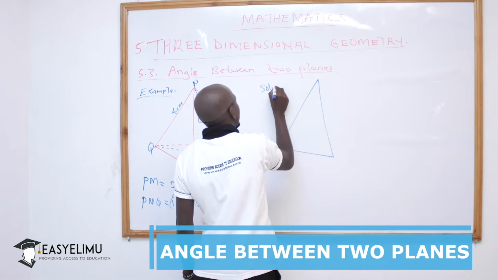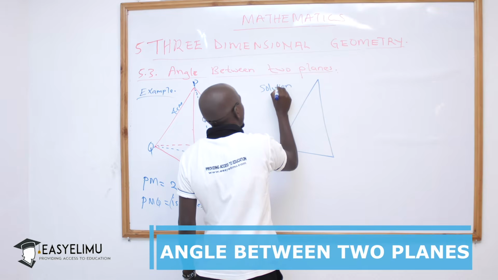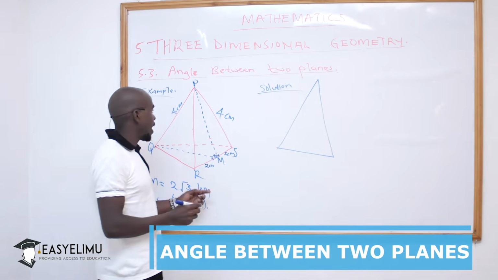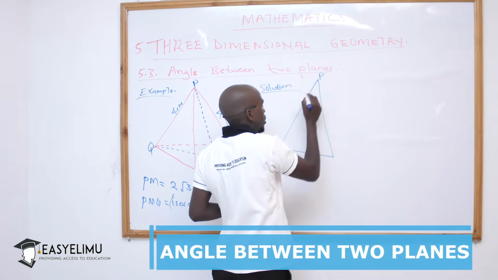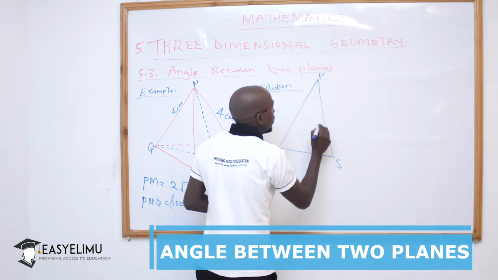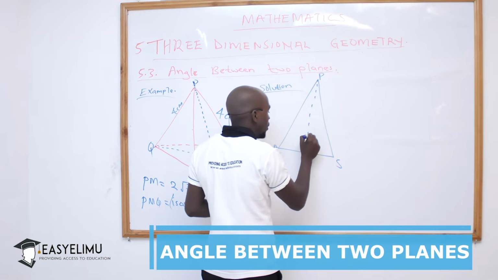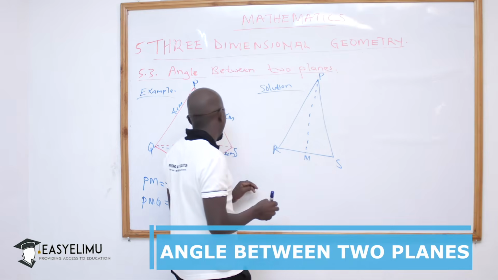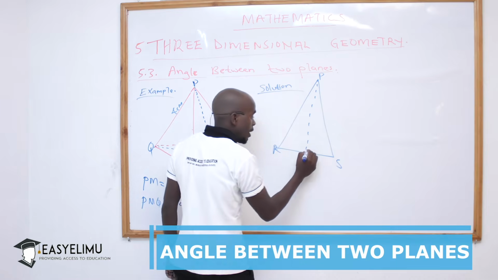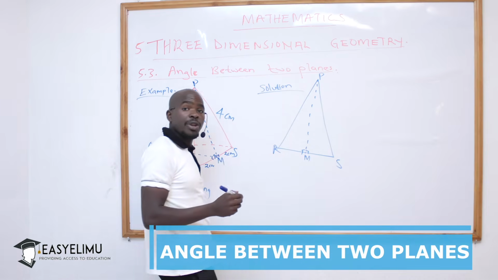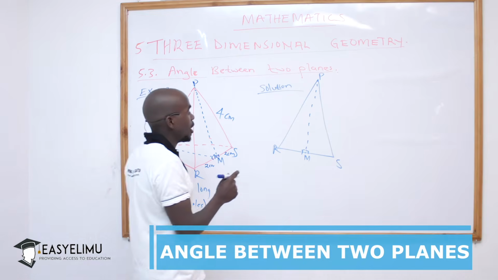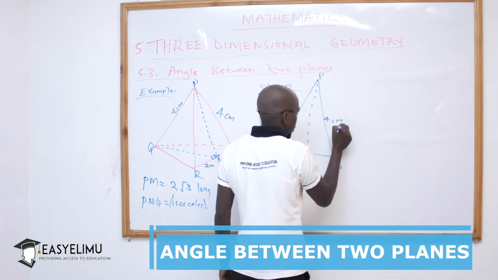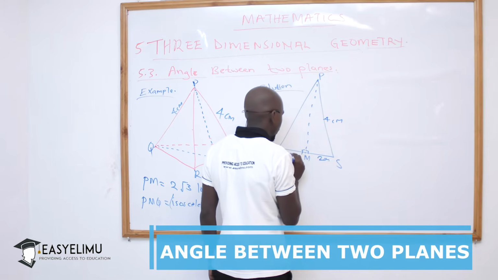This is the solution. We cut the plane PRS and put M, the midpoint, and we know this line is perpendicular at either side. This one is 4 centimeters, this is 2 centimeters, and this is 2 centimeters.